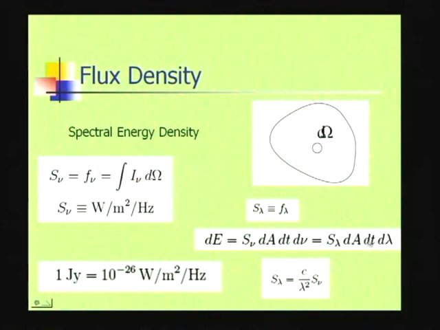You could then use the relation between d nu and d lambda and work out the relation between S nu and S lambda. So S lambda is c by lambda square times S nu. Okay, so if I work in terms of wavelength, I get a certain thing. If I work in terms of frequencies, I get something else. So this is just to get the notation clear, because if you look at the literature, you will find all kinds of things being used. So this is the flux density or the spectral energy density, which in principle is what you could measure from the earth.